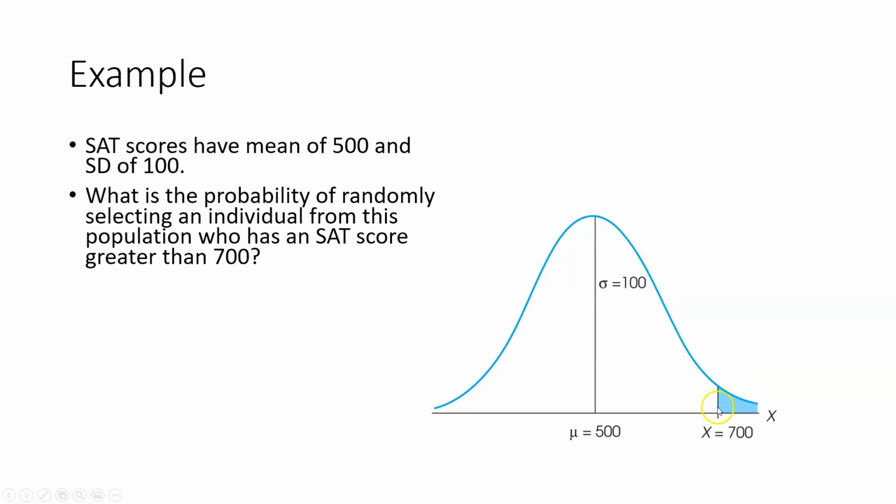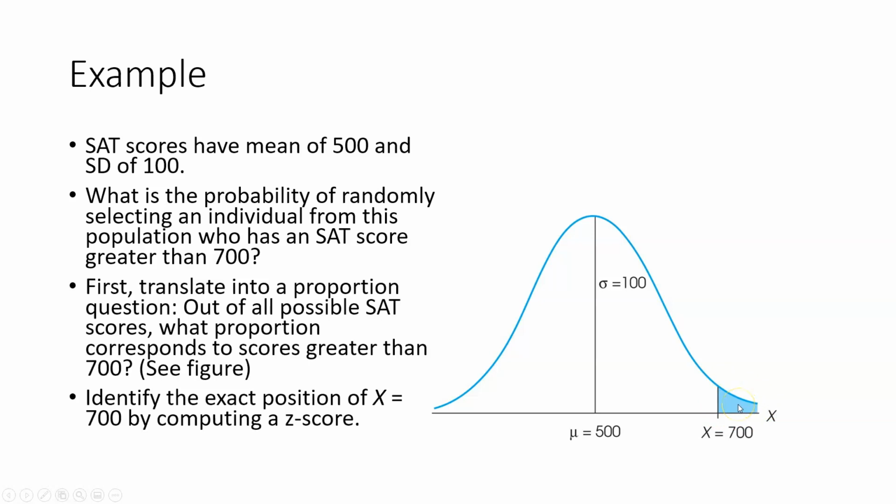In other words, if we marked off this section right here, that was 700, and shaded the tail region, these are the people who have scores greater than 700 on the SAT. The first step in answering this question would be to translate this into a proportion question. Out of all the possible SAT scores, what proportion corresponds to scores greater than 700?